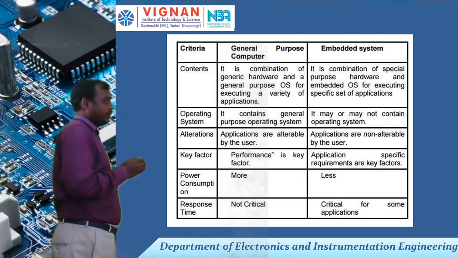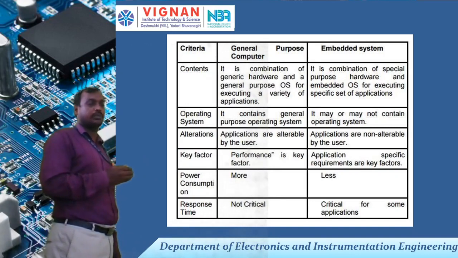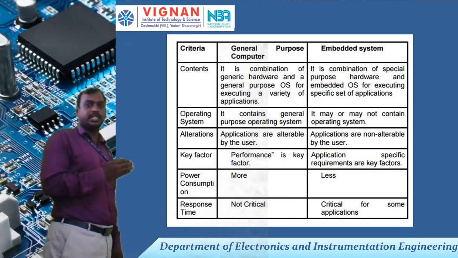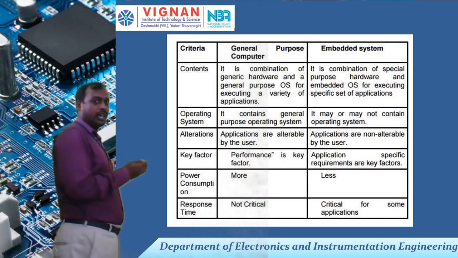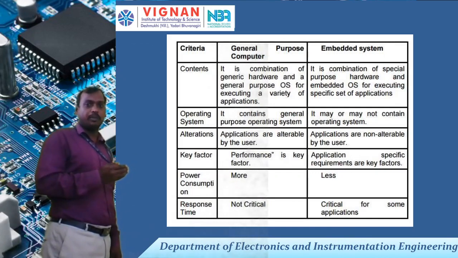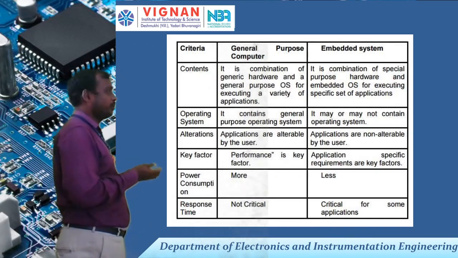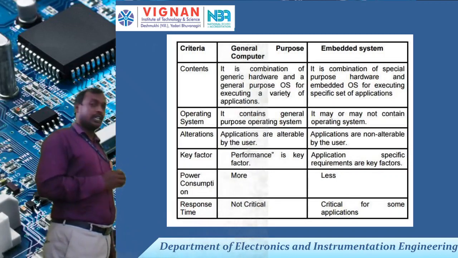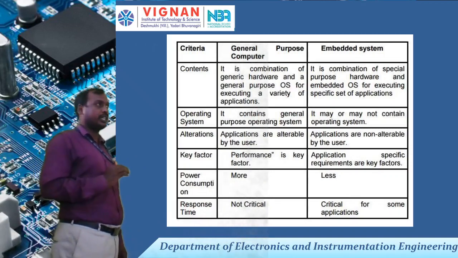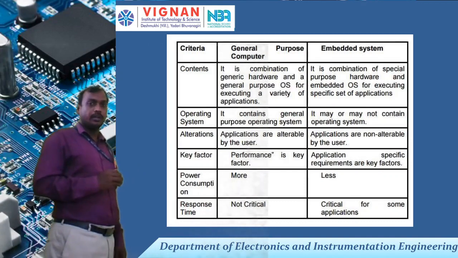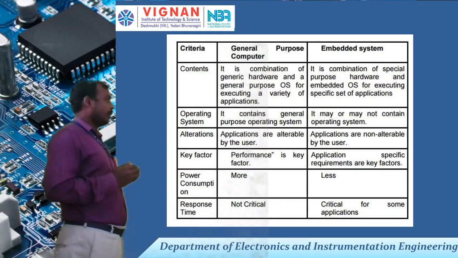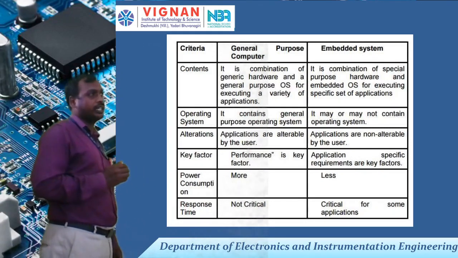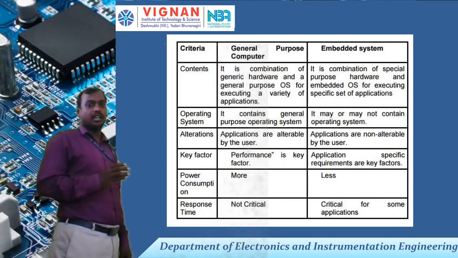Once we design the embedded system product, we cannot change that program or application. Next, operating system: a general purpose computer contains a general purpose operating system, whereas an embedded system may or may not contain an operating system. In a general purpose computer applications are alterable; in an embedded system, applications are not alterable.